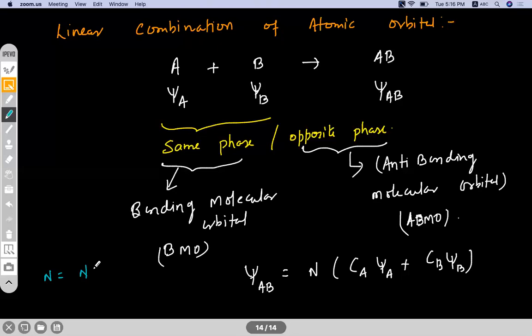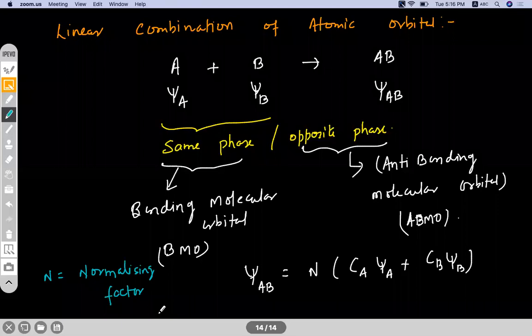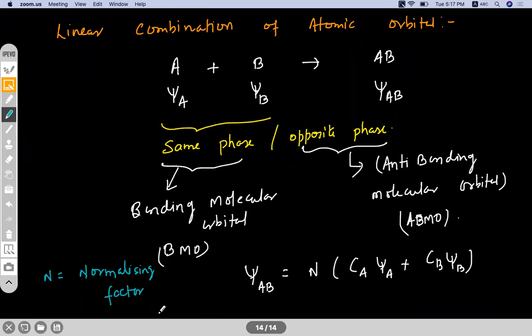It ensures that the probability of finding an electron in the universe is 1. Ca and Cb are the factors to minimize energy.